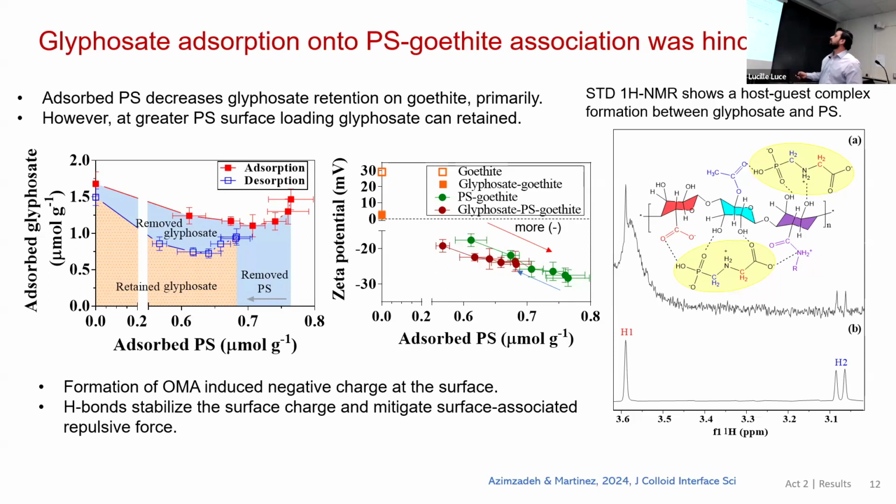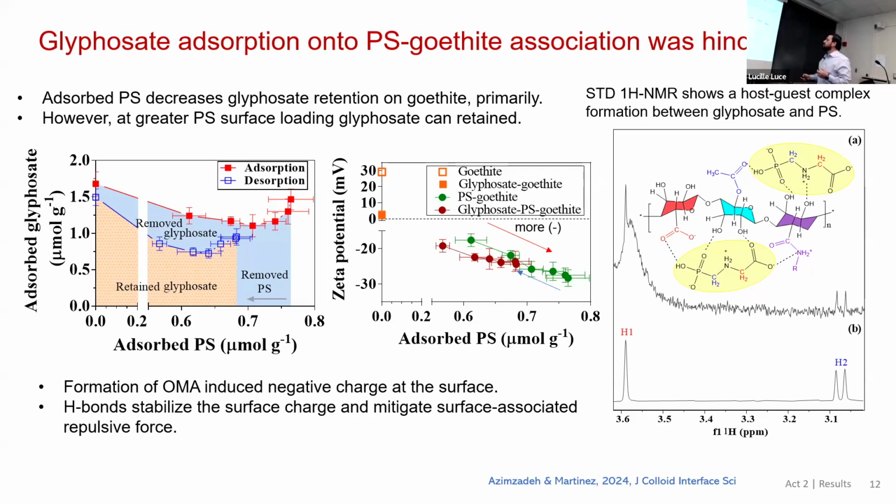So what about this part, when we have more loading? When we add glyphosate in, these red dots, the zeta potential became a little bit more positive, still negative, but less repulsive. And we can have more attractive interaction.